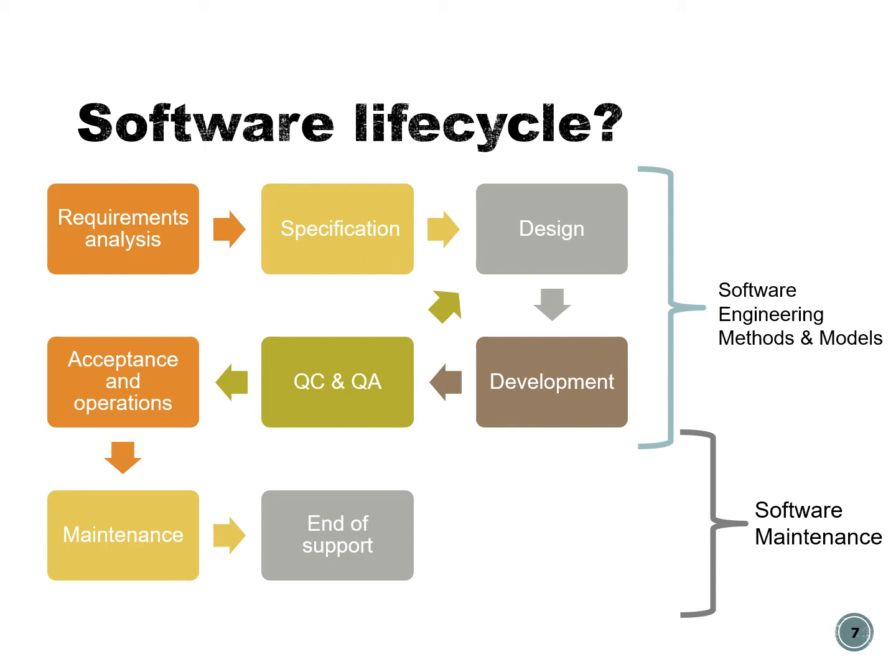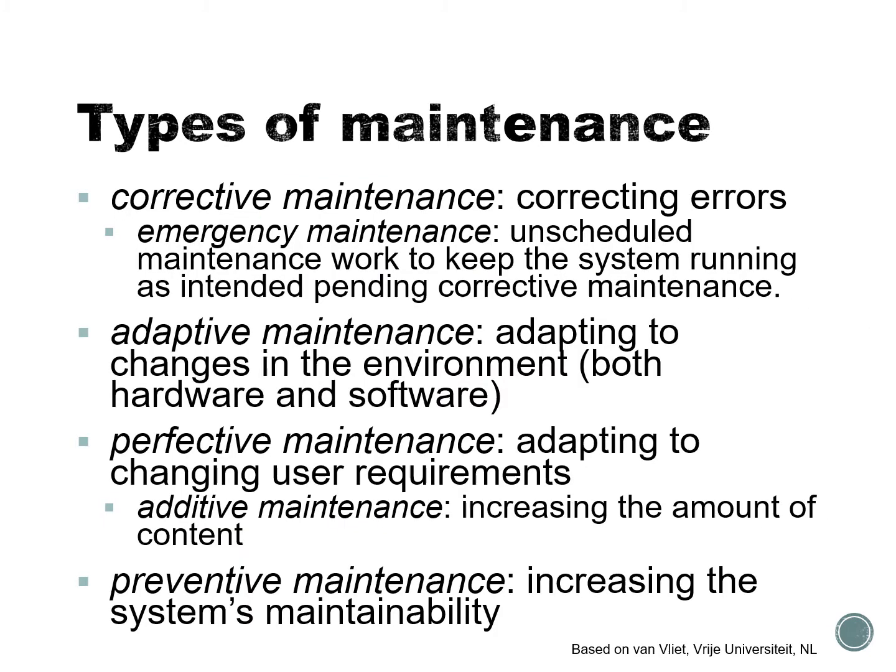And of course, as is probably obvious from the name of the course, we are focusing on this latter part of the things and expect that you have sort of an idea of what the first 6 items here are. Also, as a reminder, because this is somewhat relevant to this lecture, there are several different types of maintenance work.